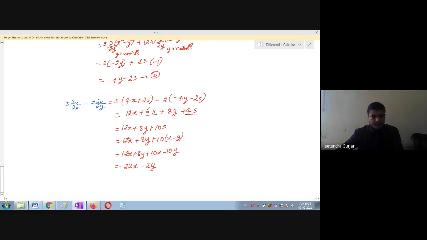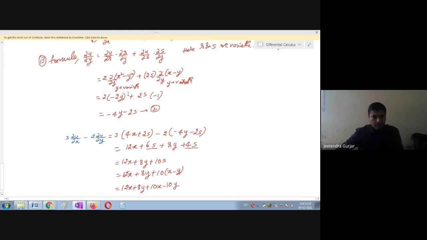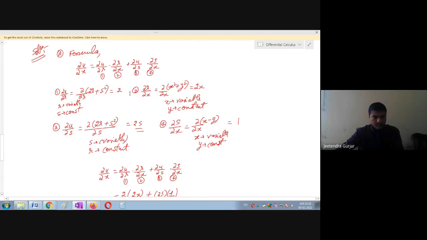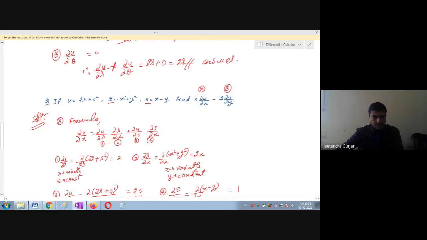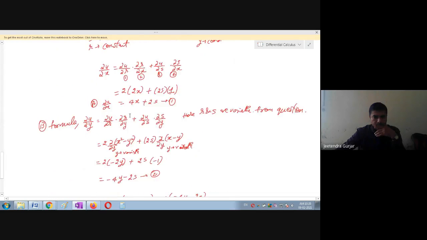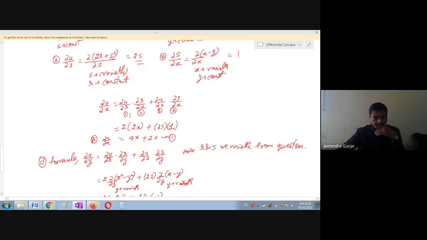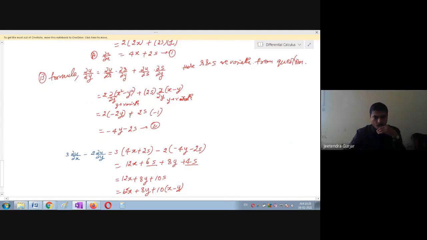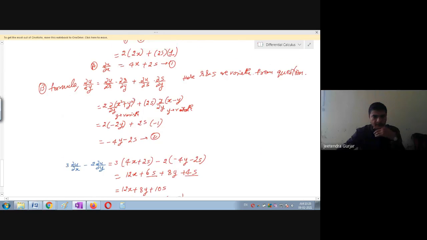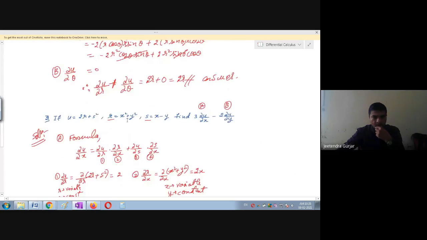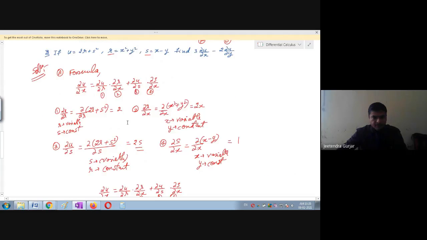Y is variable. Here, in this equation, you can see what r they have given. r is equal to x square plus y square, they have given.